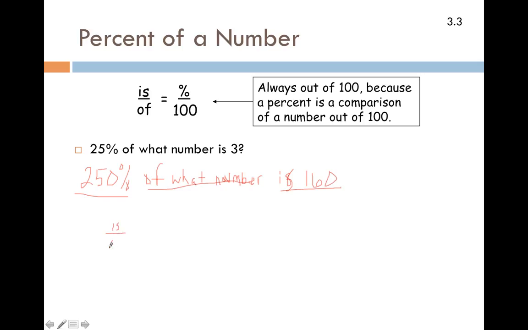All we're looking for is of, is, and percent. The 100, we don't have to worry about. So we're just going to fill in the stuff that we have. When we start filling in 250%, we're just going to say 250, and then that's going to be over 100.